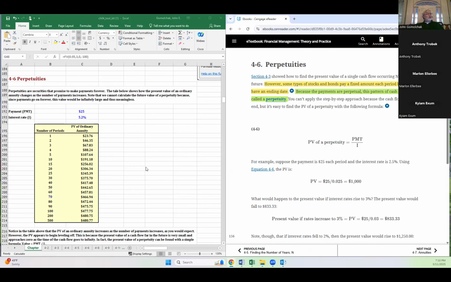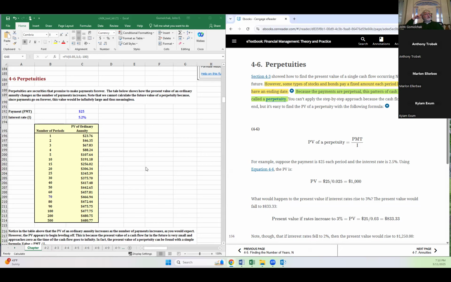So that grouping of payments coming from the company as dividends could look a little bit like an annuity, or it could just look like various types of streams of income, may not be exactly the same amount. But when does it end? Well, the way that we create corporations, they don't have an end date. In theory, corporations will go on forever. So this is a perpetuity problem here, okay?